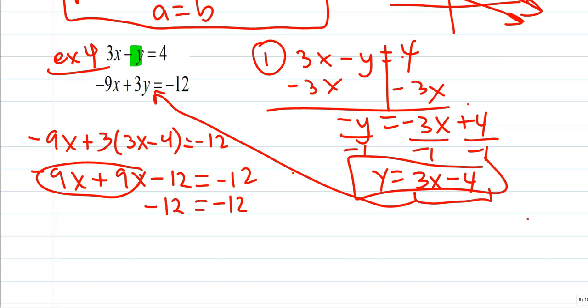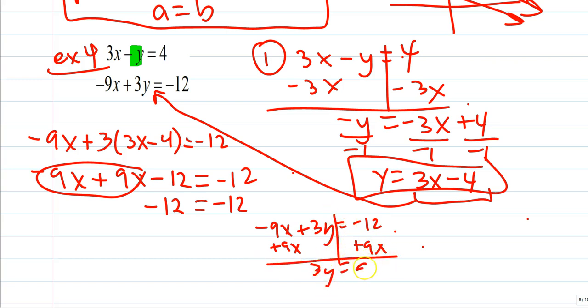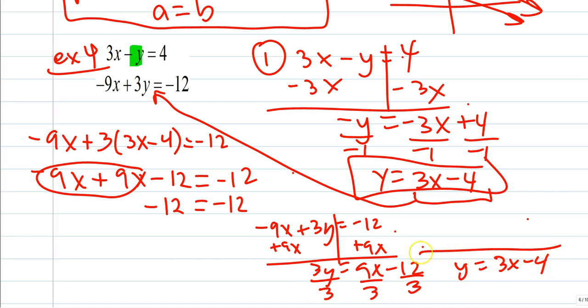I'll give you a hint. I'm going to take this other equation, negative 9x plus 3y, and I'm going to solve that for y equals. I would do that by adding 9x and get 3y is equal to 9x minus 12. And then if I divide everything by 3, I get that y is equal to 3x minus 4.